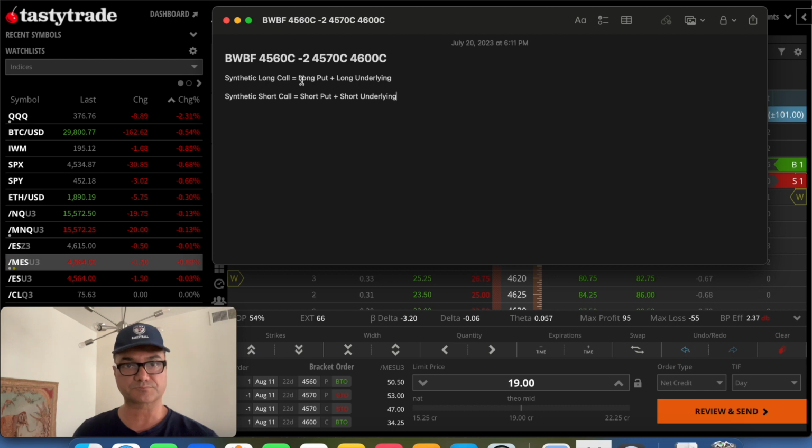Note that when I create the synthetic long call and synthetic short call, the long underlying and the short underlying cancel each other out. It's the same thing as saying positive 5 plus something plus negative 5 equals something. Why? Because the positive 5 and the negative 5 cancel each other out. So here, the long underlying and the short underlying cancel each other out.